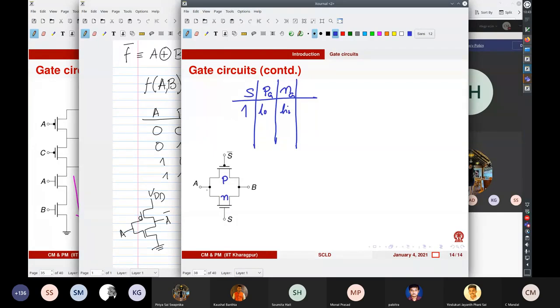Now suppose A is at a low voltage. Let us consider two possibilities here. Let us draw a separate line in between.